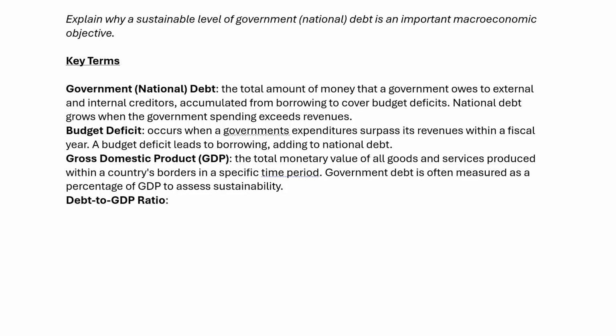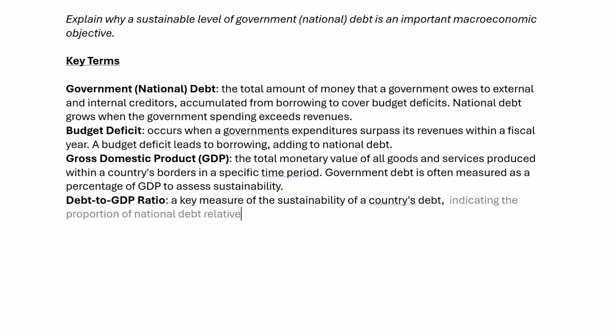And lastly, we have the debt to GDP ratio, which is a key measure of the sustainability of a country's debt, indicating the proportion of national debt relative to the size of the economy.